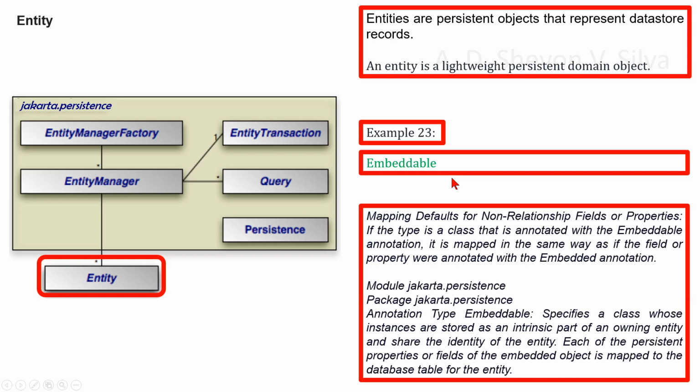If the type of the field or property is one of the following, it is mapped in the same way as it would be if it were annotated as basic: Java primitive types, wrappers of the primitive types, java.lang.String, java.math.BigInteger, java.math.BigDecimal, java.util.UUID, java.util.Date, java.util.Calendar, java.sql.Date, java.sql.Time, java.sql.Timestamp, java.time.LocalDate, java.time.LocalTime, java.time.LocalDateTime, java.time.OffsetTime, java.time.OffsetDateTime, byte array, char array, Character array, enums, and any other type that implements Serializable.